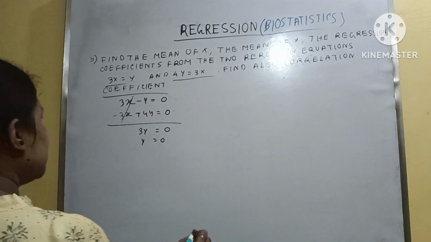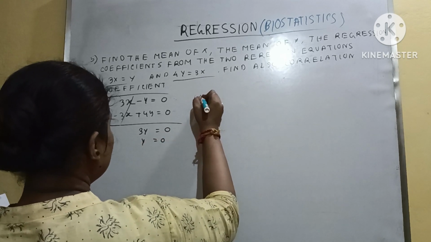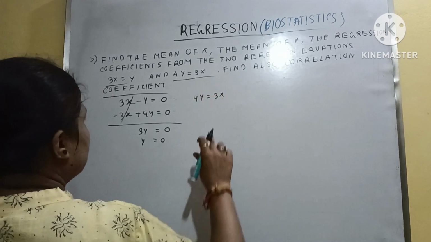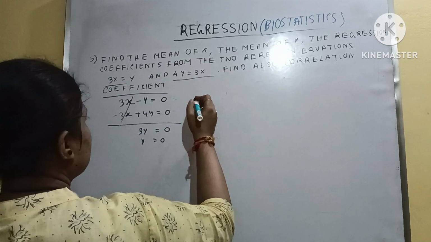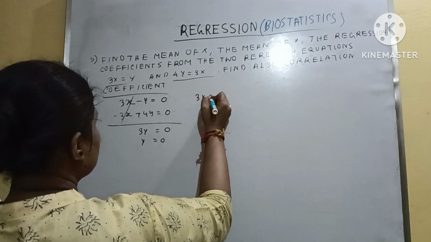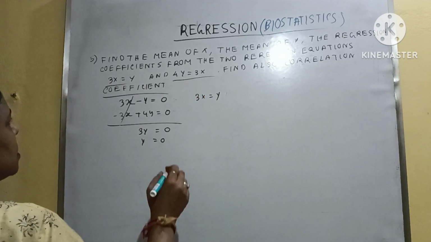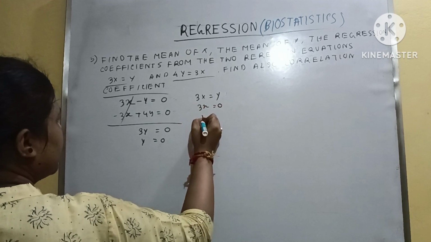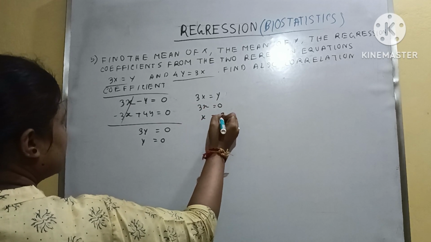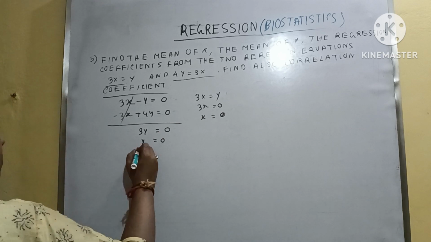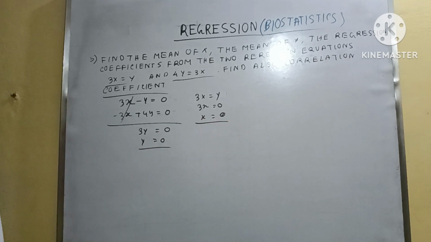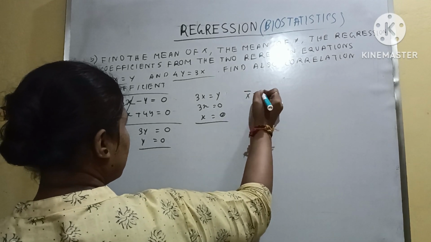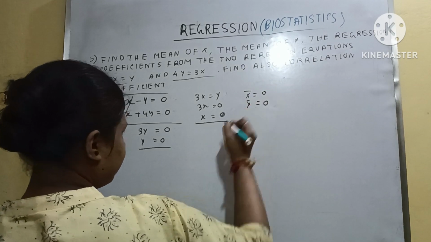Okay. So as the y value is 0, by putting the value of y, 3x equals y is very easy. So 3x equals 0, x equals 0. So the value of y is 0, the value of x is 0. Okay, so that means x bar is 0 and y bar is 0.